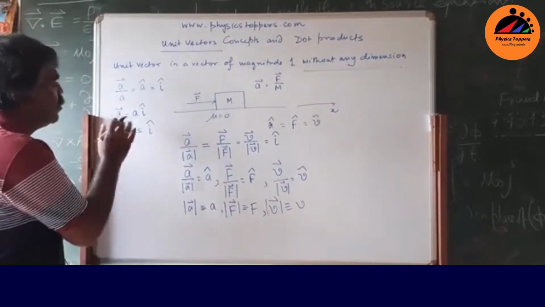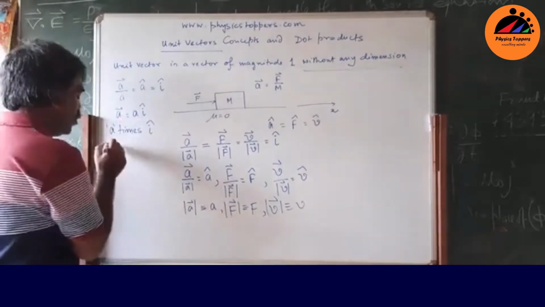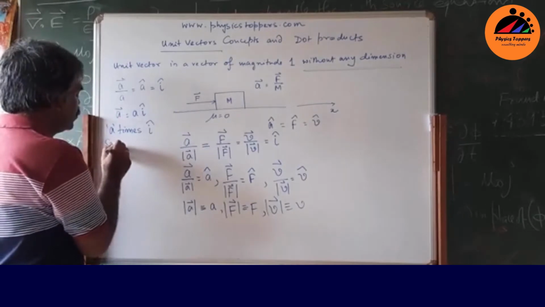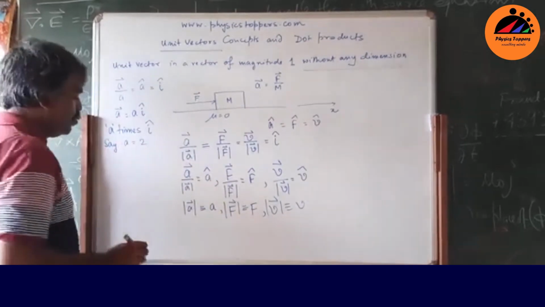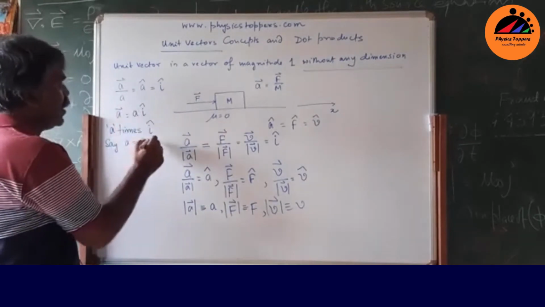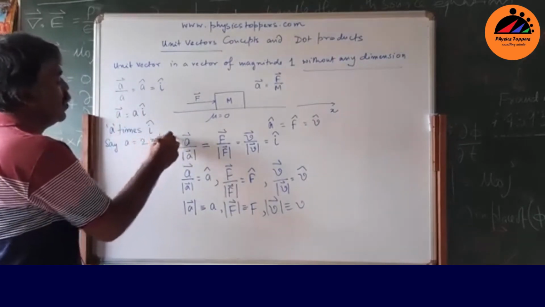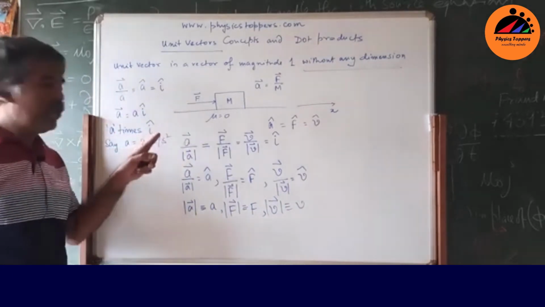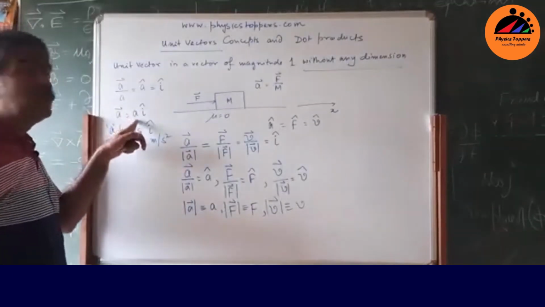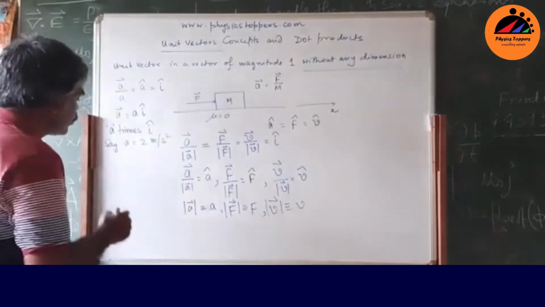For example, suppose a is equal to 2. It's just a number. Of course, this a carries the dimension, so I must write it as meters per second squared, and this i cap is dimensionless. So all the dimensions will be provided by a.